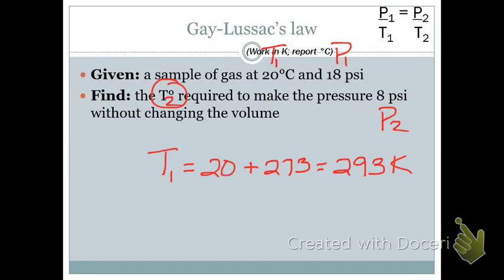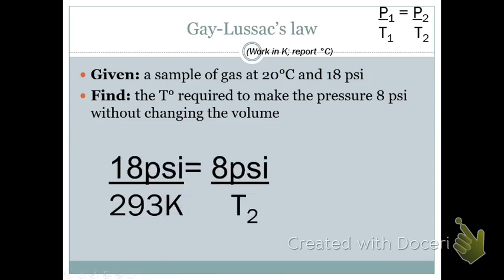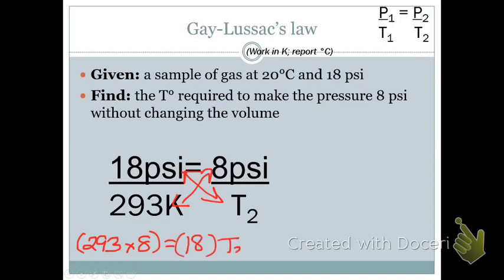Then I'm going to do the plug and chug. Just plug it in. Then I'm going to do my cross multiplication. And my cross multiplication is going to be 293 times 8 is equal to 18 times my new temperature.